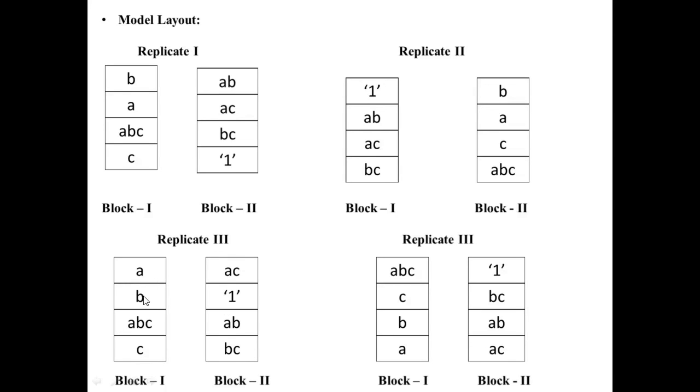So we get the design A, B, ABC and C in block 1 and AC, 1, AB and BC in block 2. Similarly, in replication 4, we also assign the positive treatment combinations to block 1 and the negative group to block 2 at random. So we get the design ABC, C, B, A in block 1 and 1, BC, AB, AC in block 2.